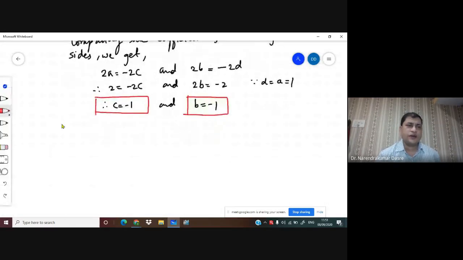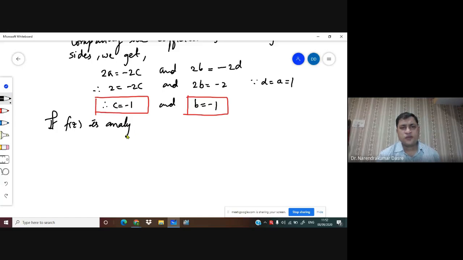And so we write, hence, if f of z is analytic, then we get a is equal to 1, b is equal to minus 1, c is equal to minus 1, and d is equal to 1.